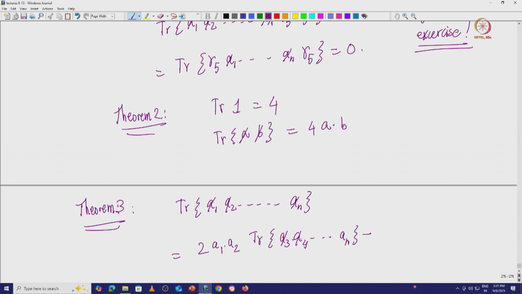So then you take one of the AIs essentially minus so and so plus 2 AI dot AN trace 2 slash AN minus 1 slash minus trace A2 slash AN slash A1 slash.